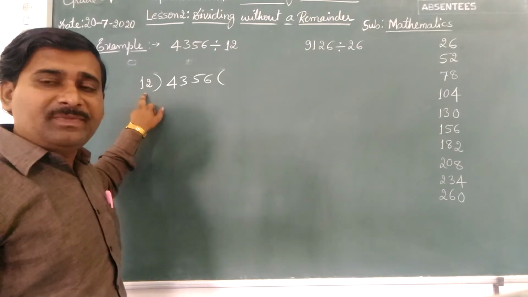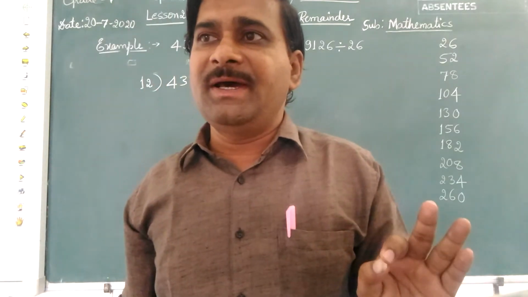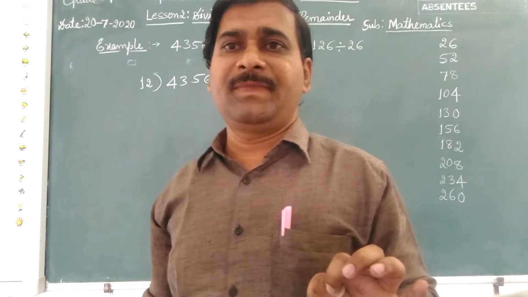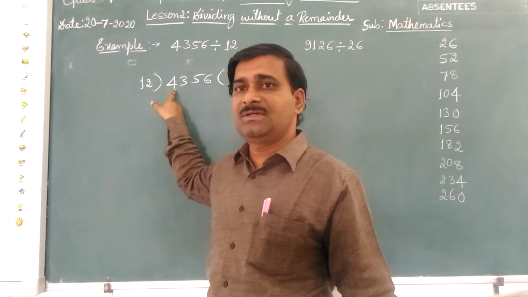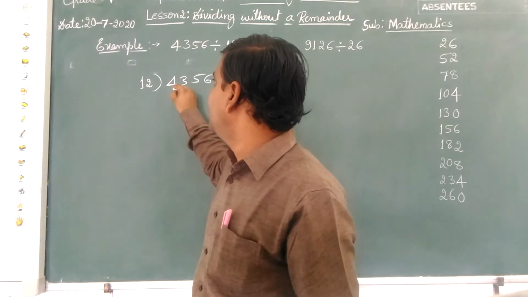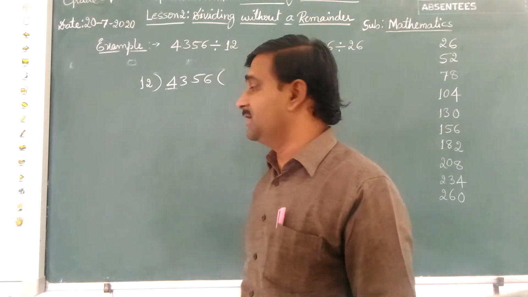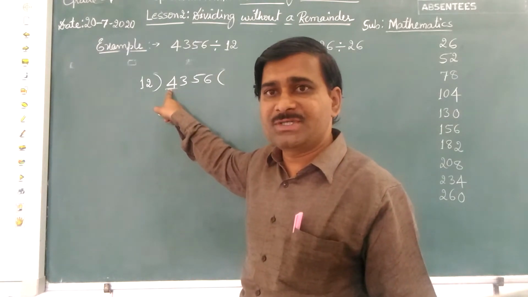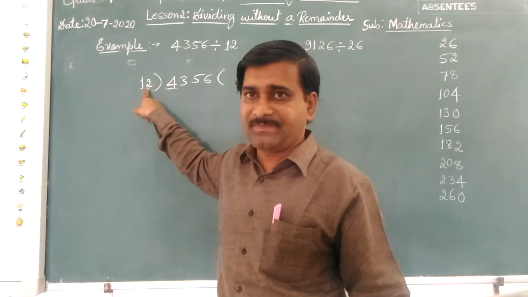In the first step, we should compare the leftmost digit of the dividend with the divisor. The leftmost digit is 4 here, children.